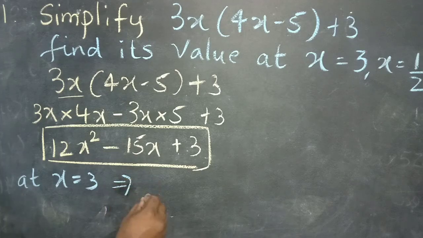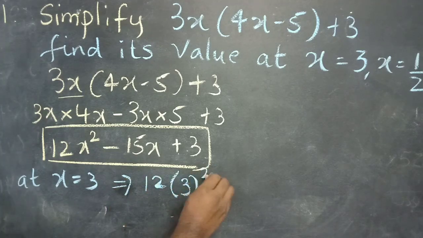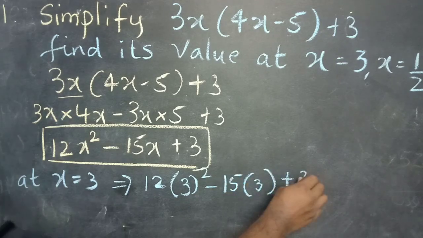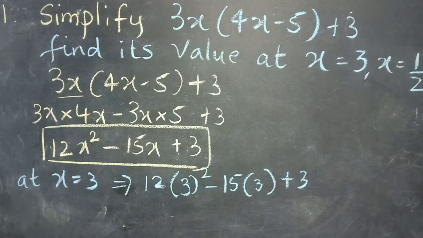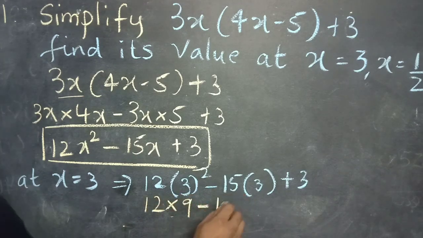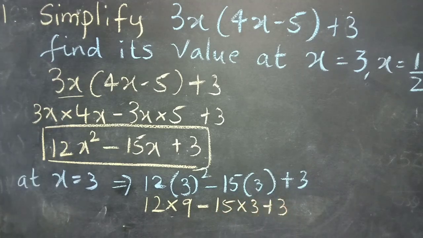What we get? 12 into 3 square minus 15 into 3 plus 3. Students, now if you observe, x has been replaced by the value 3. Now 3 square is 9. 12 into 9 minus 15 into 3 plus 3.